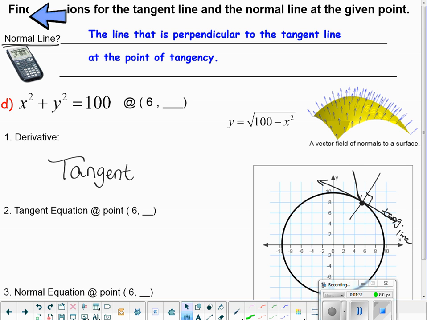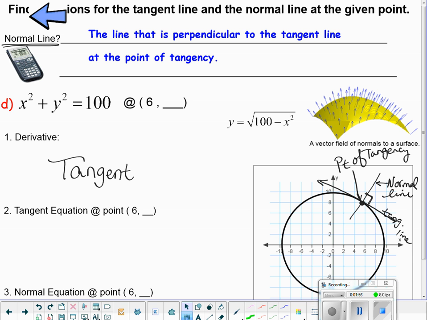So here's my point of tangency. Then this is my normal line. Notice how it runs perpendicular, right angles, to the tangent line. On this circle, looks like that would definitely go through the center of the circle, doesn't it? I think you could prove that fact.